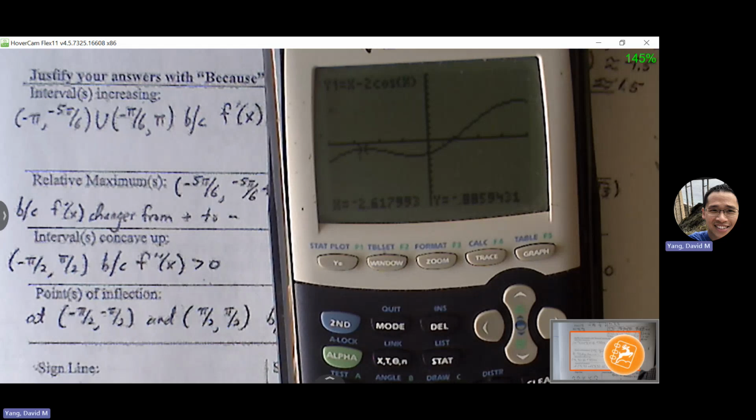Okay, let me show you how. You're going to go to the left of the root, then hit enter. Go to the right, hit enter again. And it says guess, so hit enter again. Don't move the cursor anymore. The calculator is going to find that relative minimum for you.